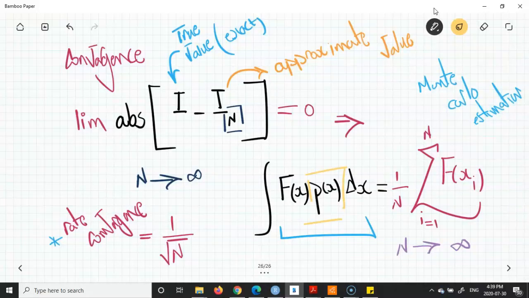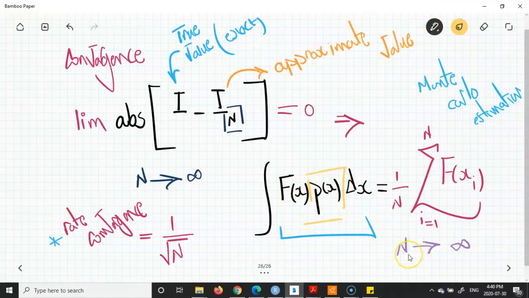As you saw, that's how we define Monte Carlo estimation in numerical methods, as a nondeterministic method of evaluating an integral which is not analytically tractable.